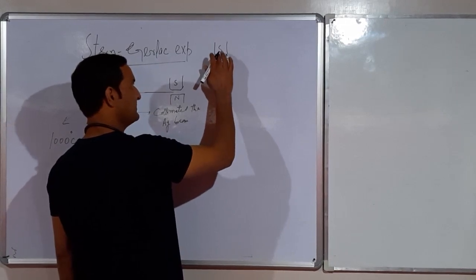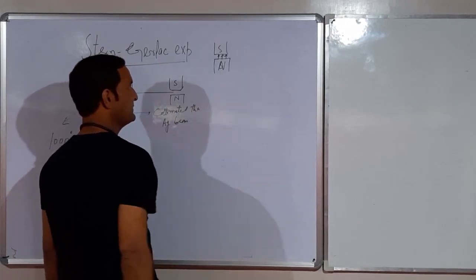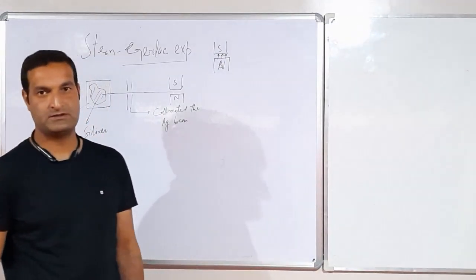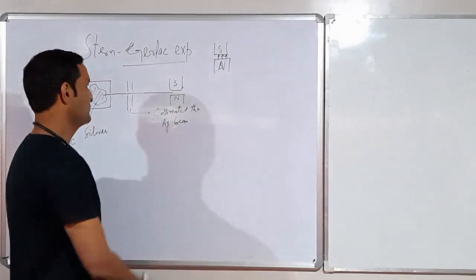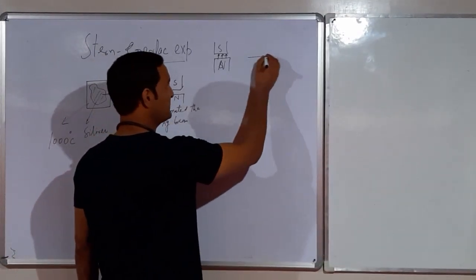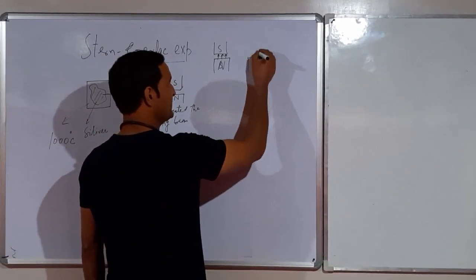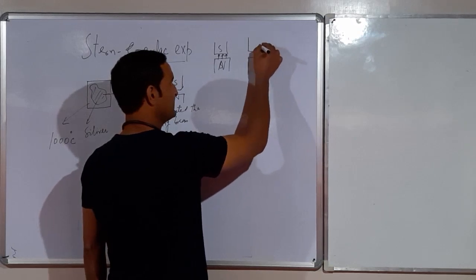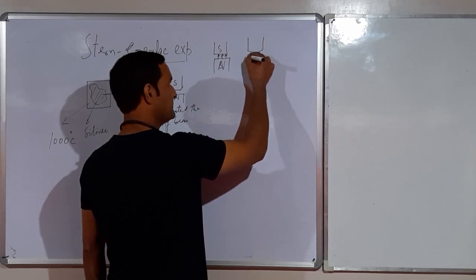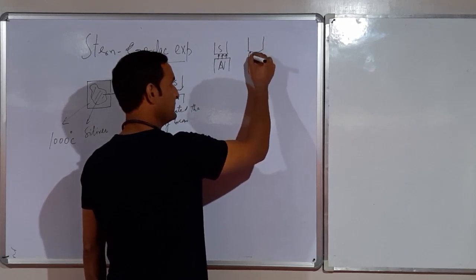So the magnetic field at every point in between these two poles will be the same. That means this is a uniform magnetic field. Here the magnetic field is non-uniform because the poles are like this, so the magnetic lines will be bent like this.